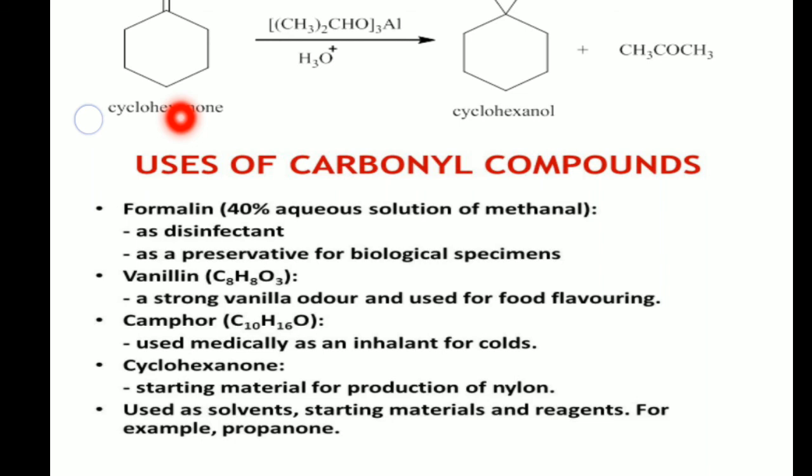So this is about camphor. Another is cyclohexanone. Cyclohexanone is used to produce nylon, a synthetic cloth material. Cyclohexanone is also a good solvent and good starting material and reagent.